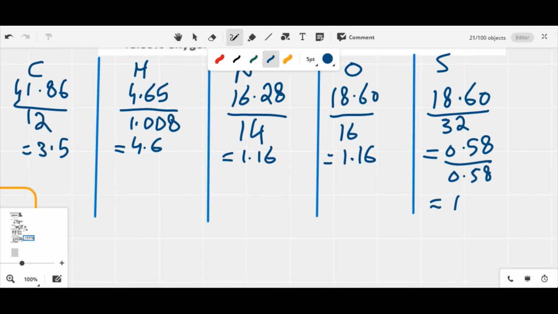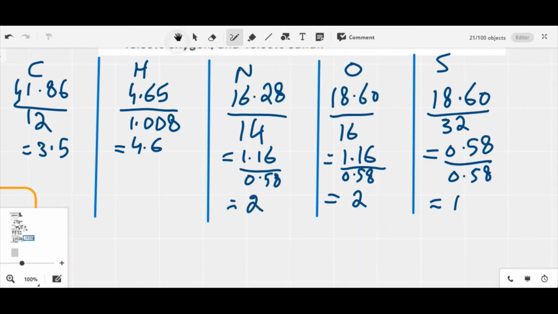So here we got 1 when we divided by 0.58. 1.16 divided by 0.58, we got 2, and then 0.58, again the same number, so again we got 2.